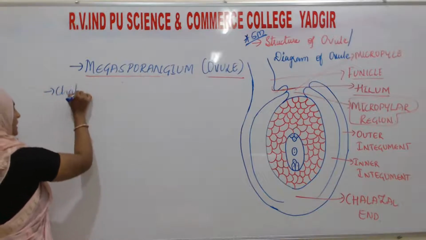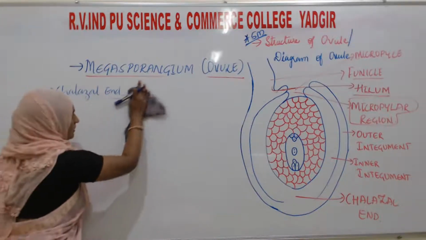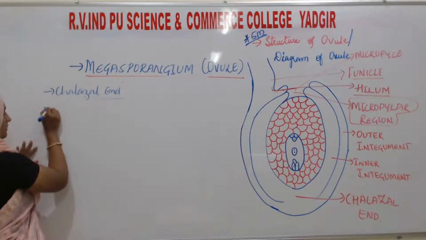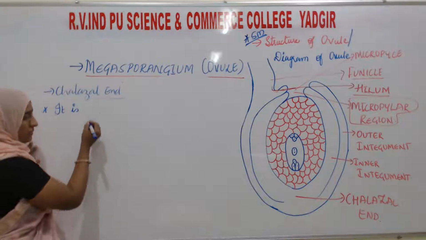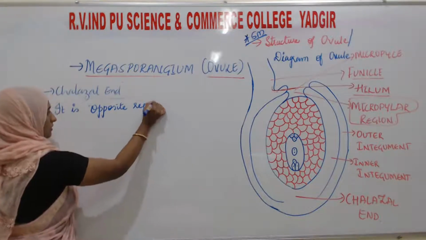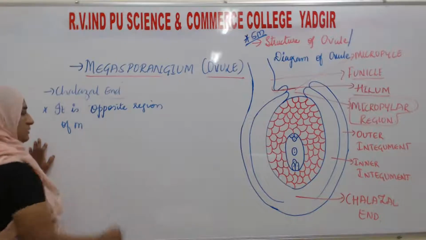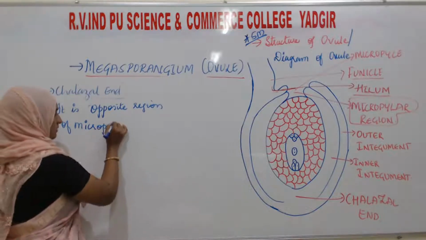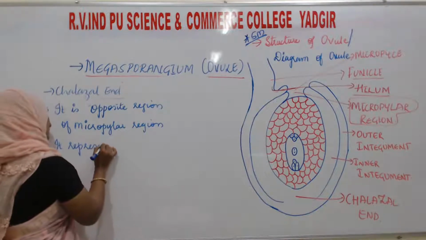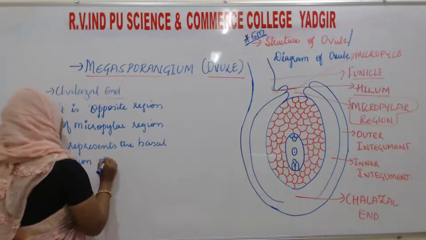Next, chalazal end. The chalazal end is the region opposite to the micropylar region, and it represents the basal region of an ovule.